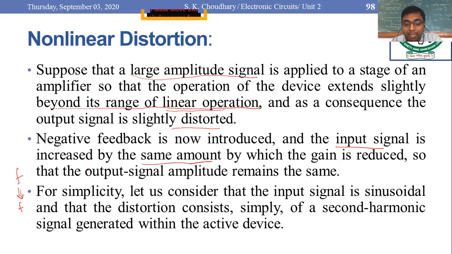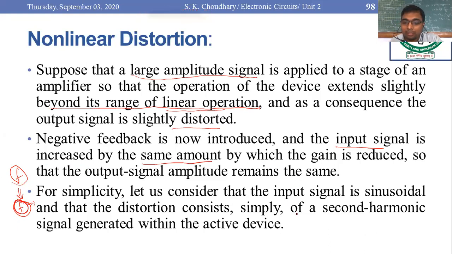But if the output signal produced due to the application of some input signal also shows output at integral multiples of this fundamental or operating frequency, it means there is some non-linear distortion.